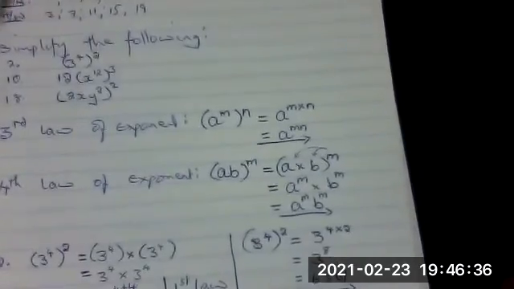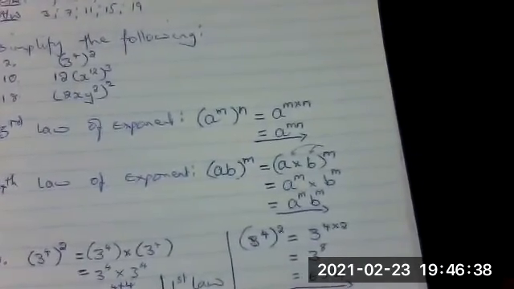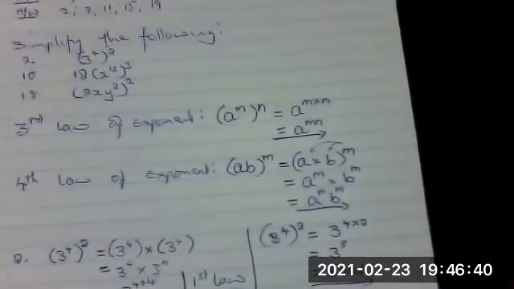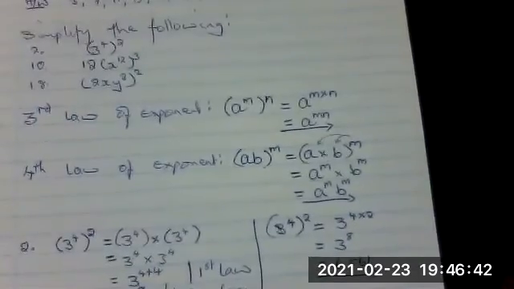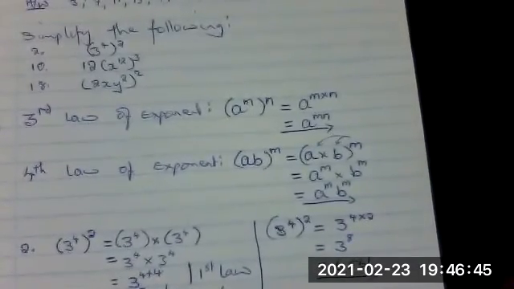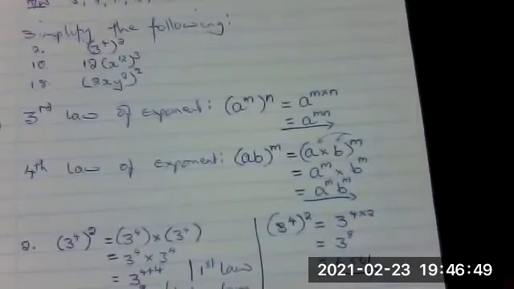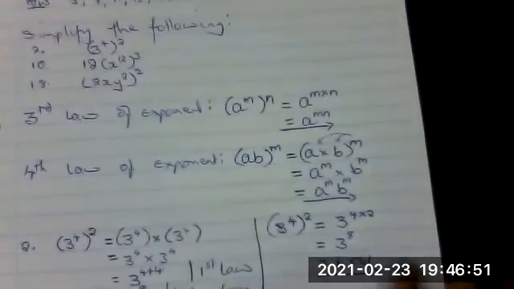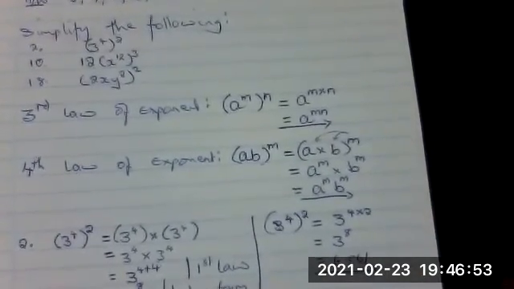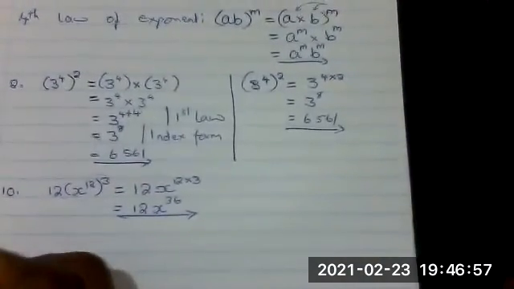Then number 18. We have the bracket 2xy squared, raised to exponent 2. Let us deal with that one.